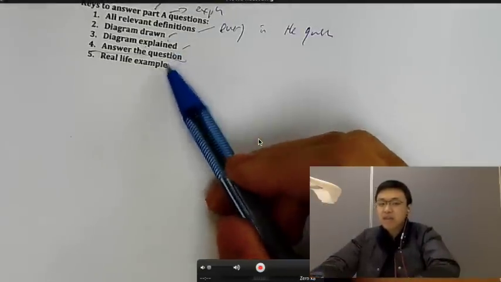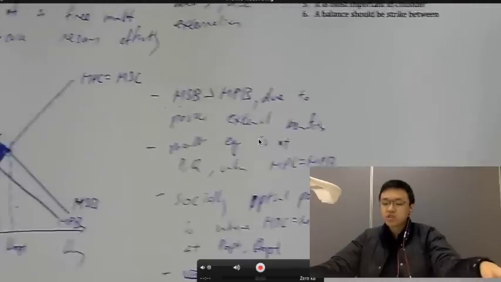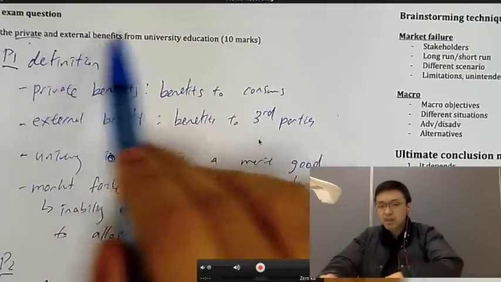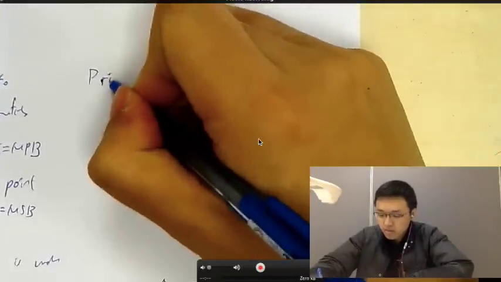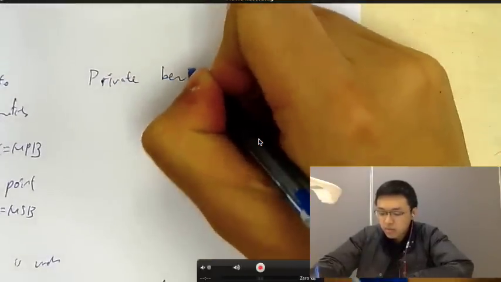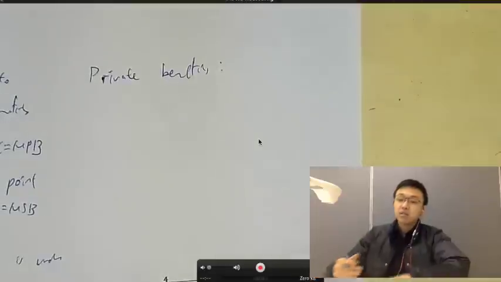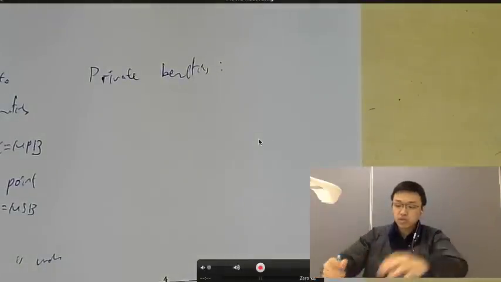Okay, good. Look, we have drawn the diagram, we have explained the diagram, but we haven't answered the question. The question is, what are the private benefits and the external benefits? So we can't just stop here. What are the private benefits of education? How do you benefit when you consume university education?